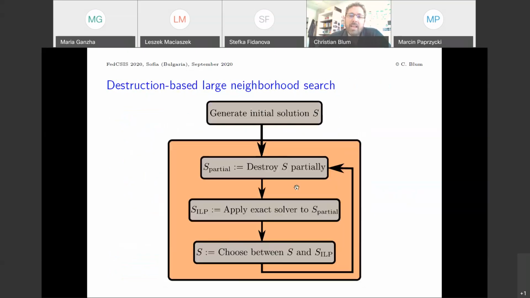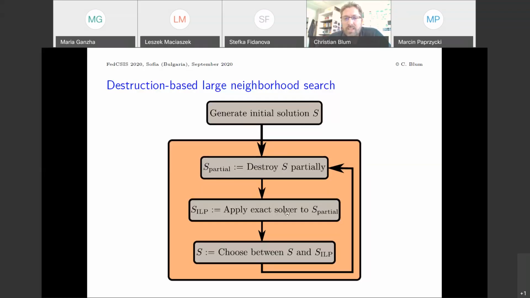And this is a scheme for a destruction-based large neighborhood search that is often used as a first attempt. You generate in some way an initial solution, for example, by using a greedy heuristic. You have your initial solution S. Then in each iteration of the algorithm, you first destroy the solution partially. This gives you a partial solution.